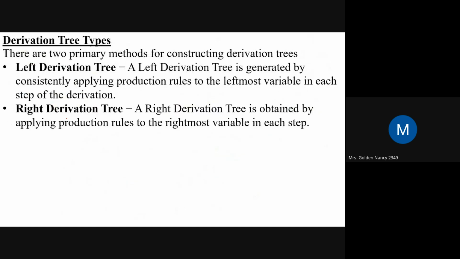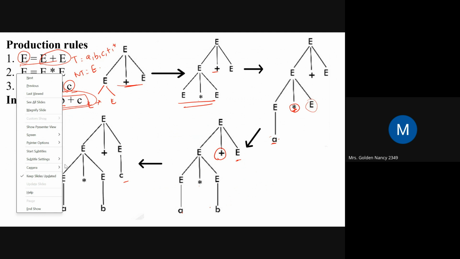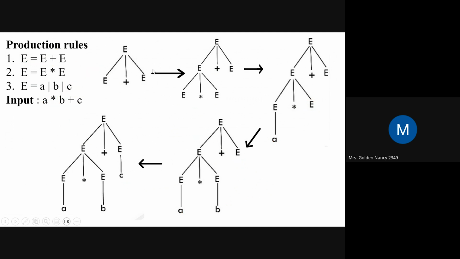Now, there are two different types of derivation tree: the left derivation tree and the right derivation tree. The left derivation tree means, from this example, if this is your given production and you want to generate this string, and I'm using the left non-terminal every time to generate my tree, then it is called a left derivation tree.